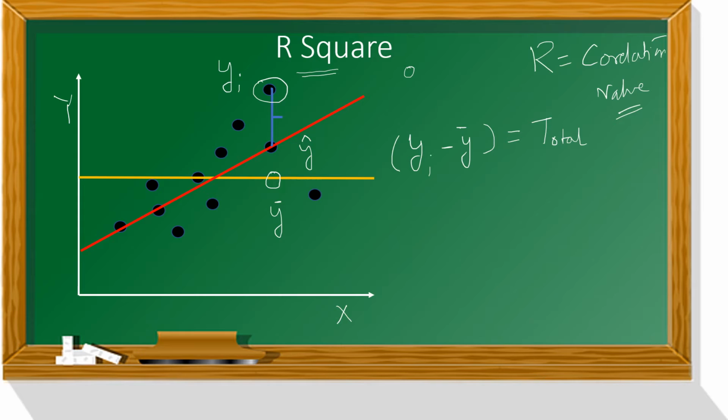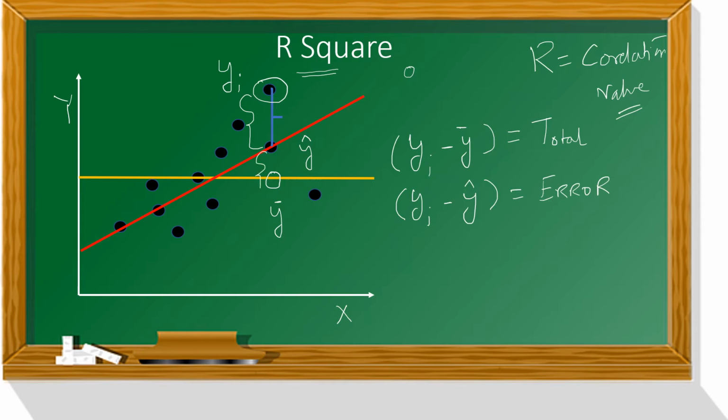Now this total difference can be segregated into two parts. First, we will see this difference. This is the difference between the actual value and the predicted value by the model. So that difference is yi minus y hat. This is what we call error or residual sometimes.